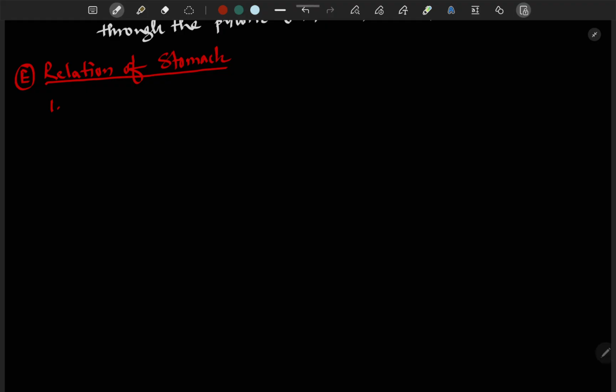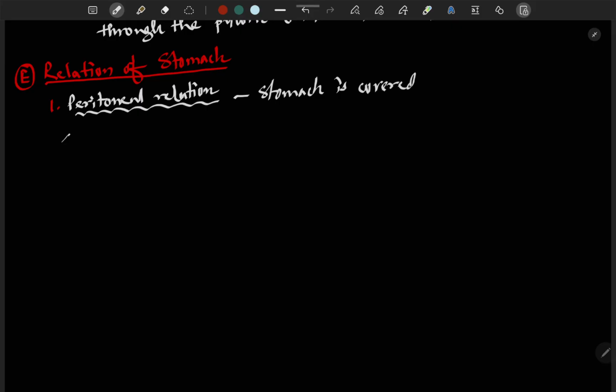One is the peritoneal relation. The stomach is covered by peritoneum anteriorly and posteriorly.